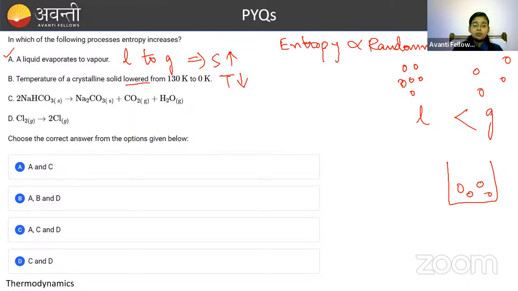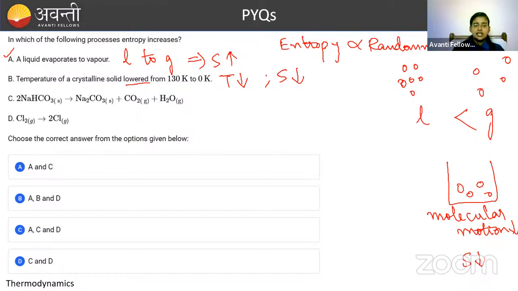The molecular motion, the movement of the molecules, becomes less. Then the randomness will be less. So entropy will also be less. If the temperature is decreased, entropy will also become less.